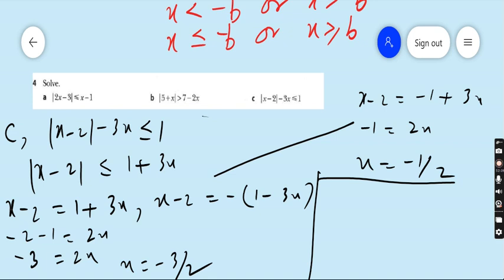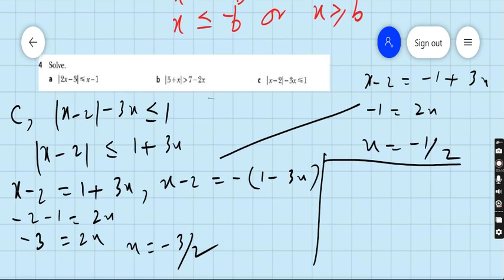X minus 2, 1 plus 3x, minus 3 upon 2, and x minus 2, minus 1 plus 3x. 3x minus x is 2x. The answer in the book is x is greater than or equal to 1 upon 4.